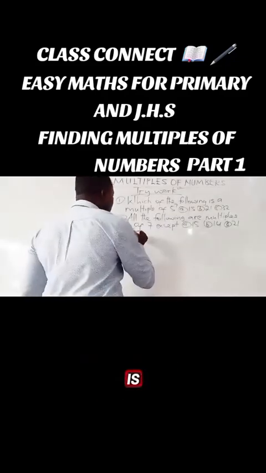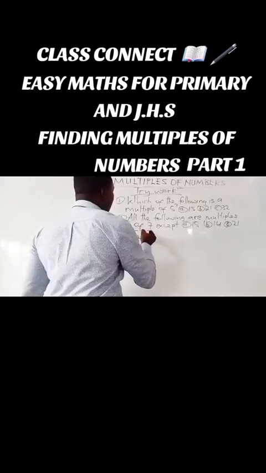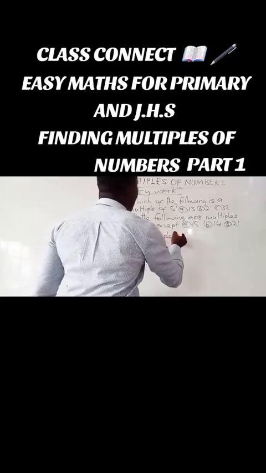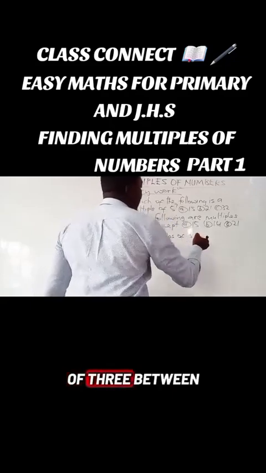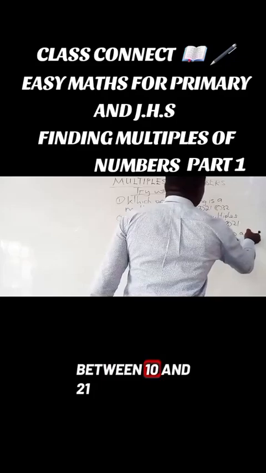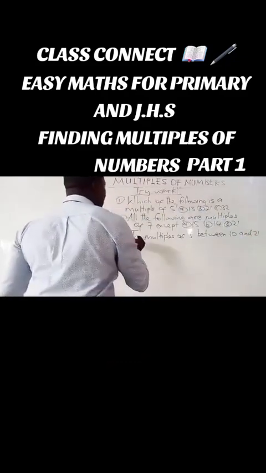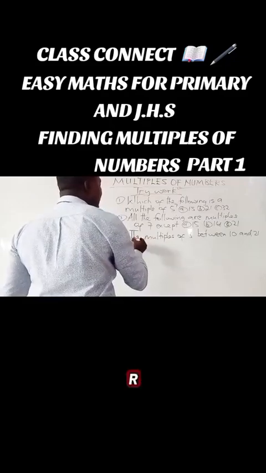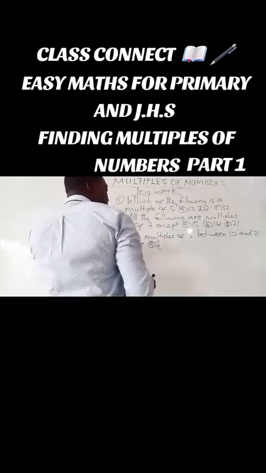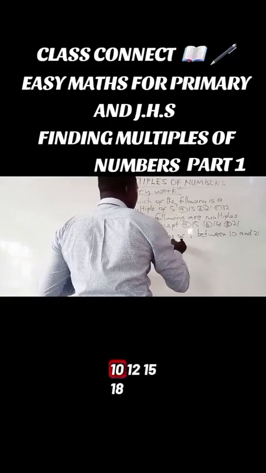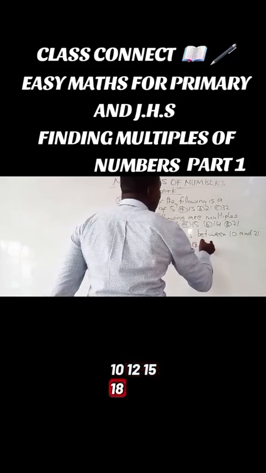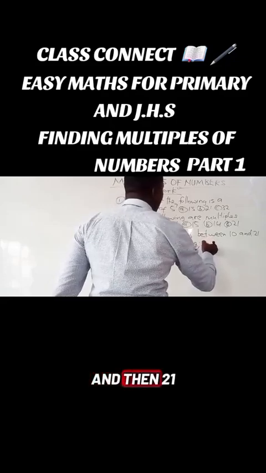The next question is: the multiples of 3 between 10 and 21 are. A, 10, 12, 15, 18, and then 21.